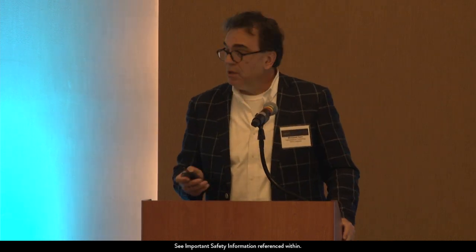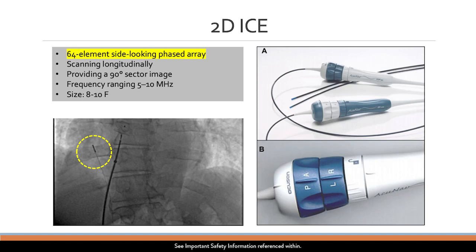We have talked a lot about ICE, and from the imaging perspective, I'll show you the 3 major ICE catheters on the market that you might be familiar with. You're very familiar with the 2D ICE, and you have seen it many times. You do it every day, but this is only a 64-element side-looking phased array, because it has to fit on a very small catheter. It has only one 90-degree sector image, and the frequency is 5 to 10 megahertz.